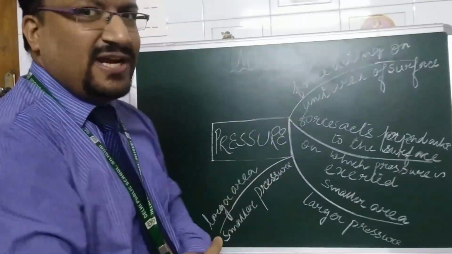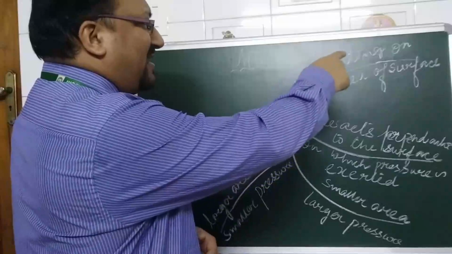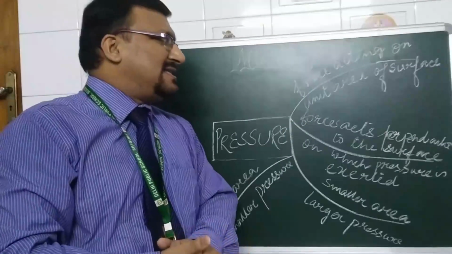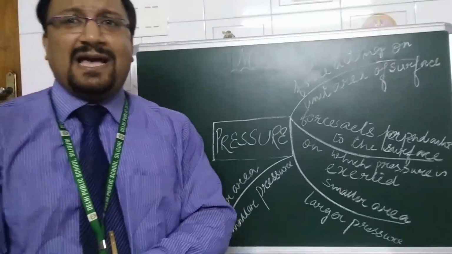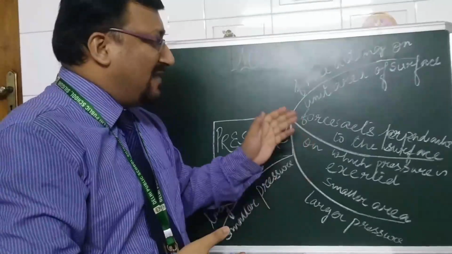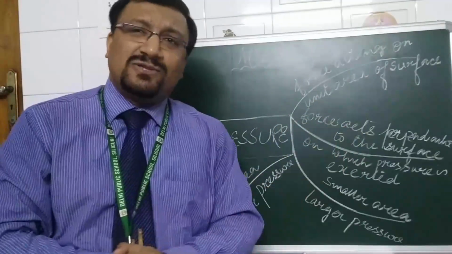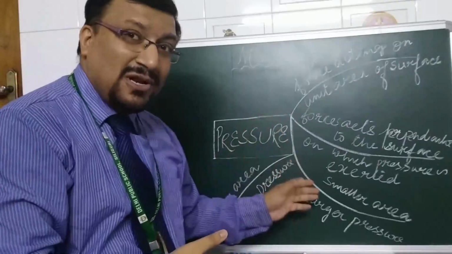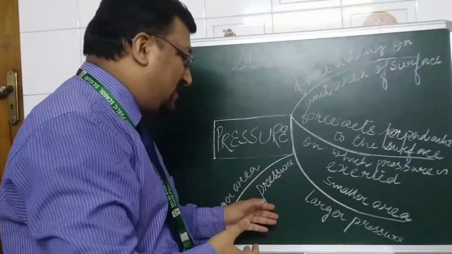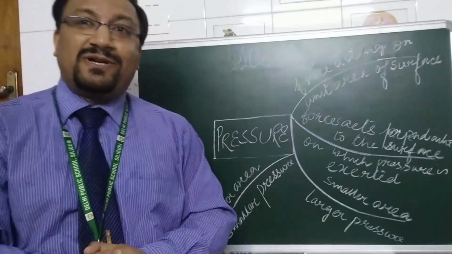So, if we check this mind map, we would find that we have defined force acting per unit area of a surface as pressure. We have said that force acts perpendicularly to the surface, and yes, smaller the area, larger the pressure, or larger the area, smaller the pressure.